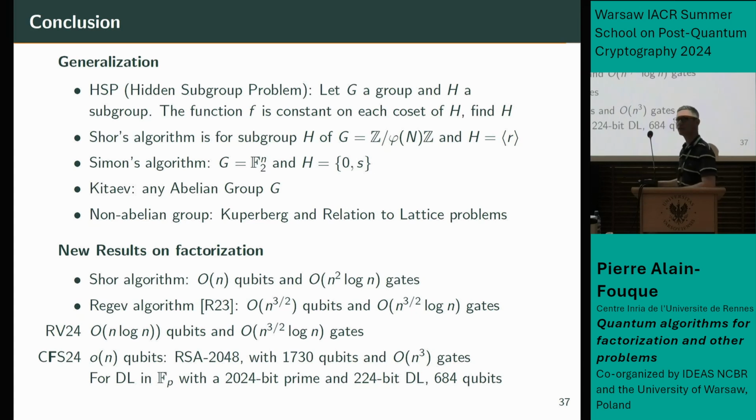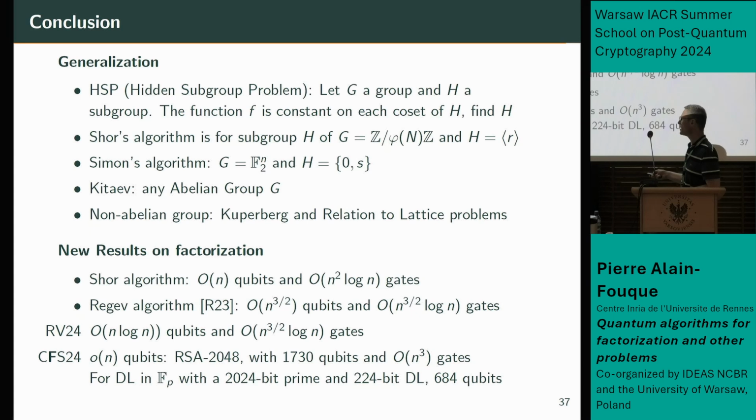So this is something that is very surprising for me, because I thought that for breaking, for instance, RSA 2048, you need that number of qubits. However, we showed that we can do this with less than 2,000 qubits.